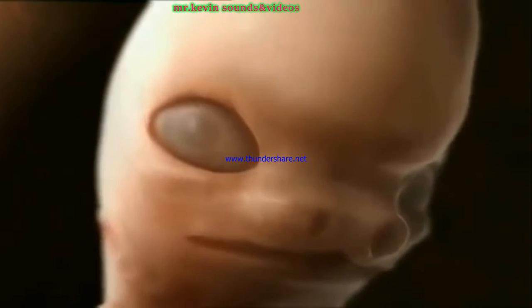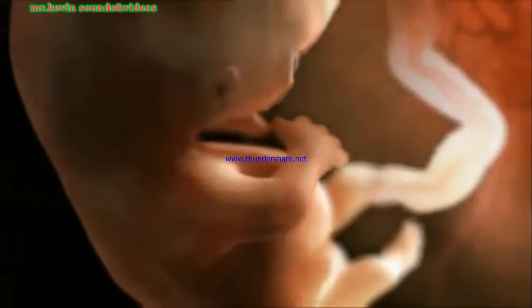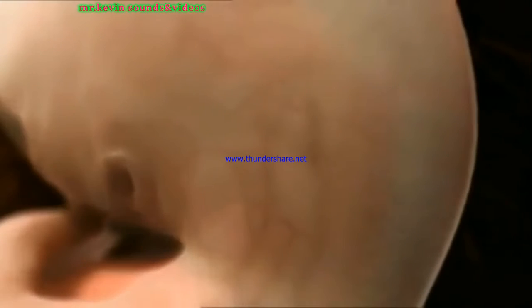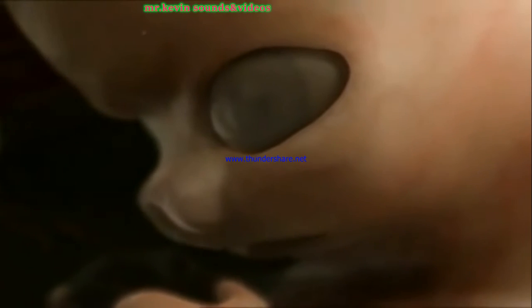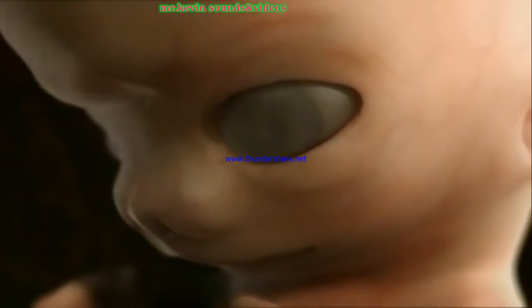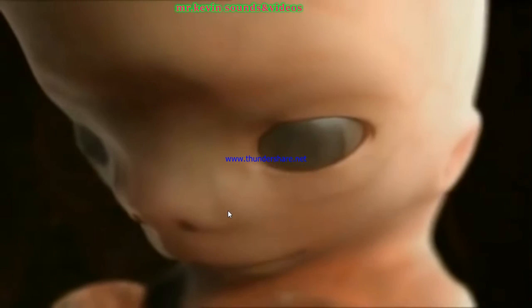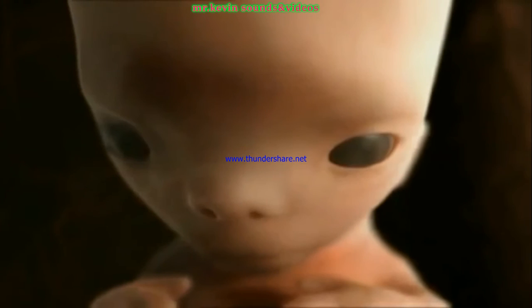Formation of the nose, mouth, and ears also occurs. In the third month, the eyelids begin to close and the nose is completely formed.